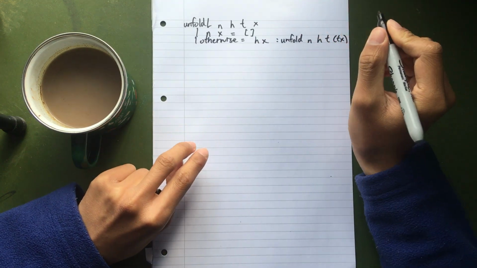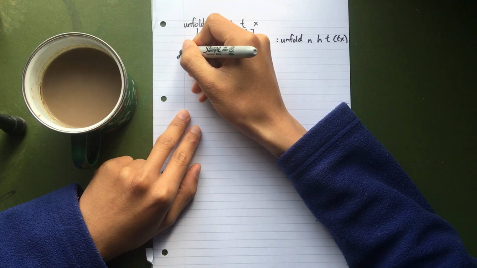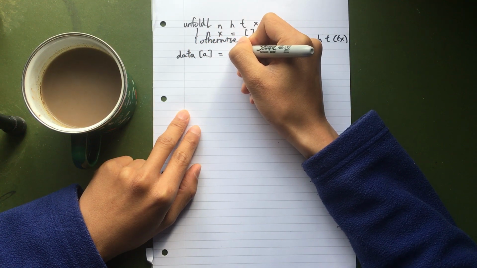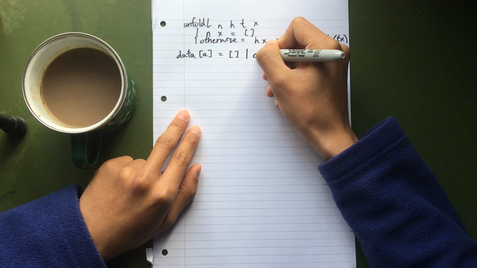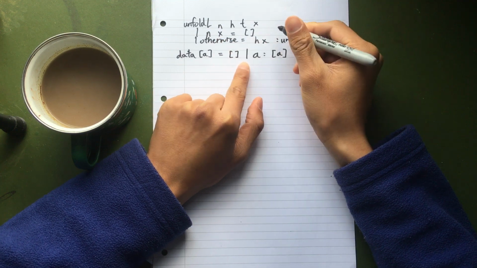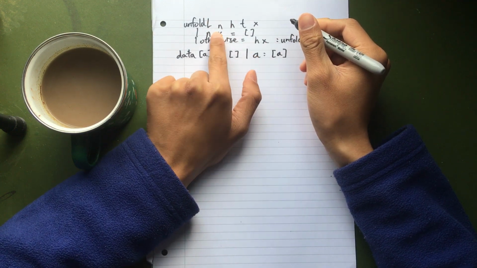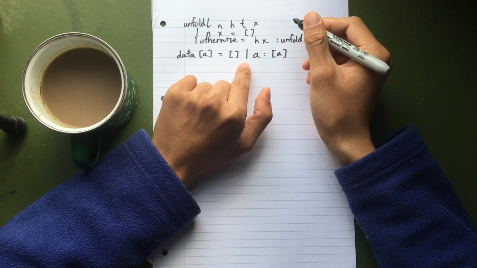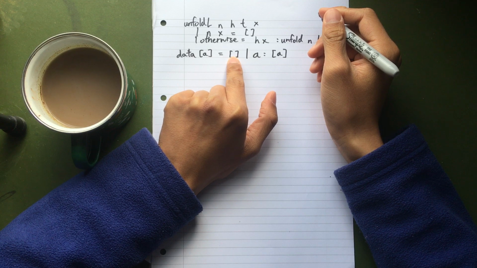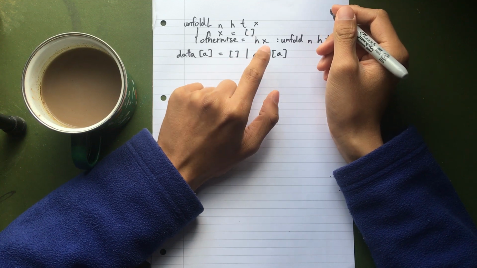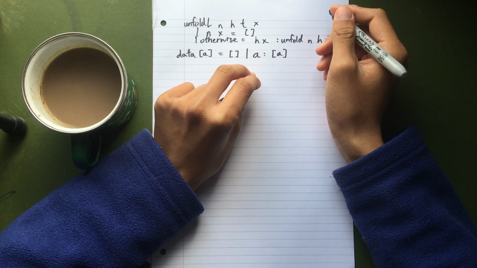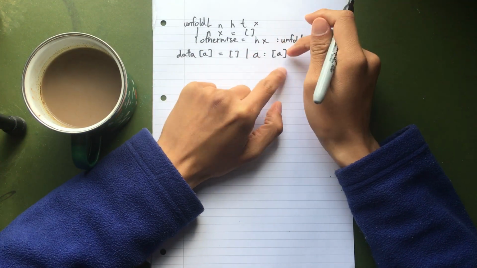Okay, so let's remember what the list data type looked like. The list data type was either empty or it was something cons onto a list. So our unfold is interpreting our input as these. The N stands for null. It's saying, is our input interpreted as null? If it is, then we output the empty list. If not, then we have a non-empty list. And just like with the natural numbers, we have to think about how we are going to interpret the inputs to this non-empty list.